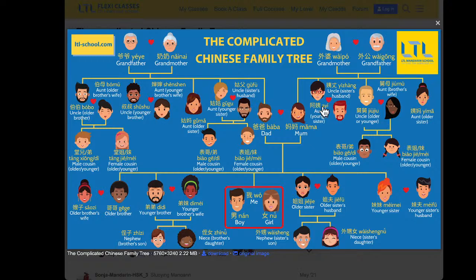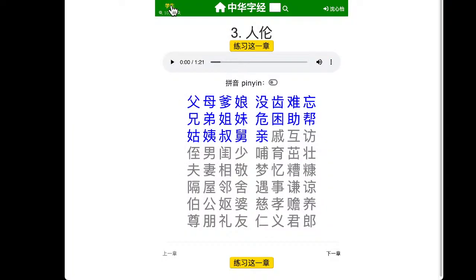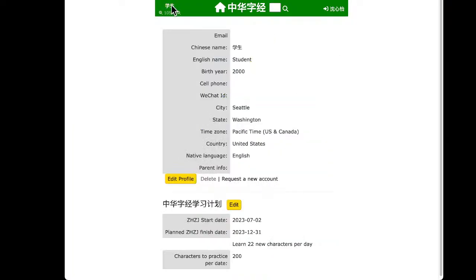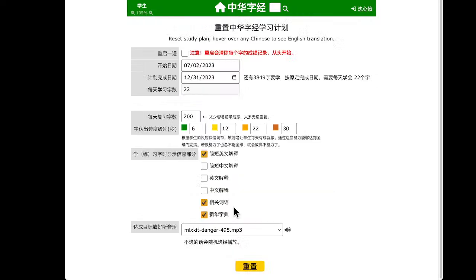Anyway, we put this diagram into the website. But in order to see that, you need to go into the profile and check this one, 中文解释. This is the abbreviated English explanation, abbreviated Chinese, and then this is a longer one in English and a longer one in Chinese.